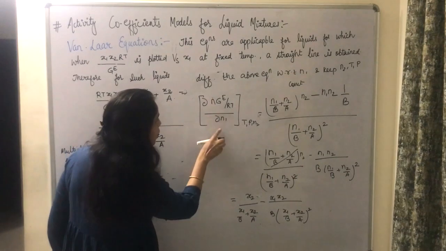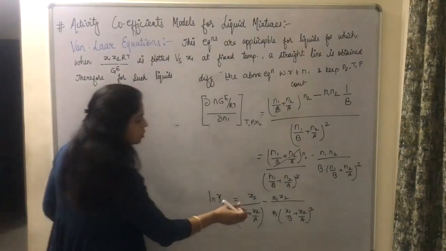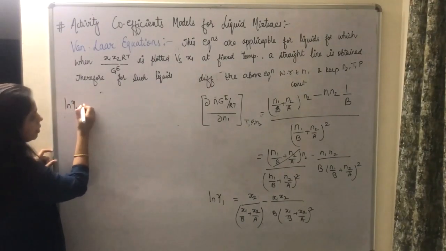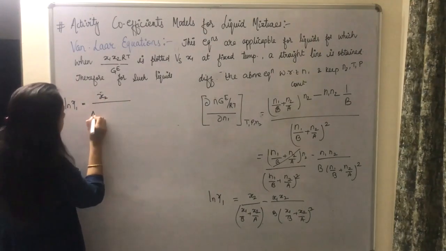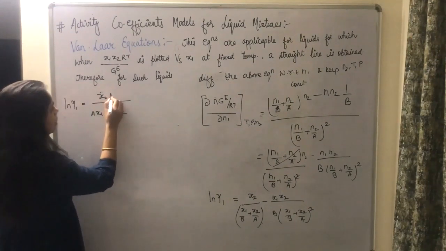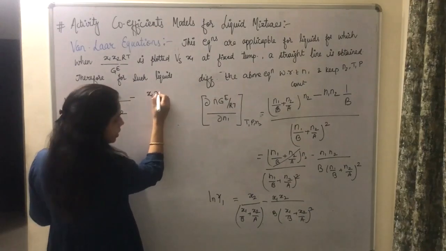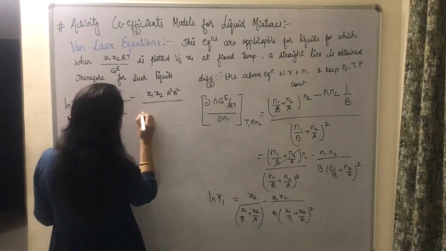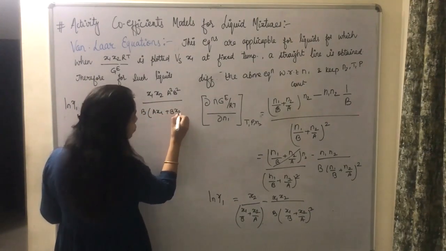Okay, and this will be equal to ln of gamma 1, right? Now just rearrange this. So ln gamma 1 is equal to x2 upon (a x1 plus b x2) or ab here, minus x1 x2 a square b square upon b (a x1 plus b x2) whole square.